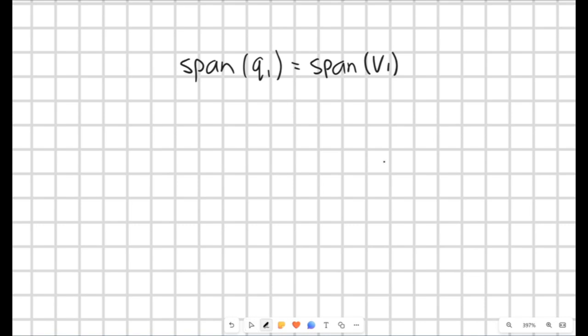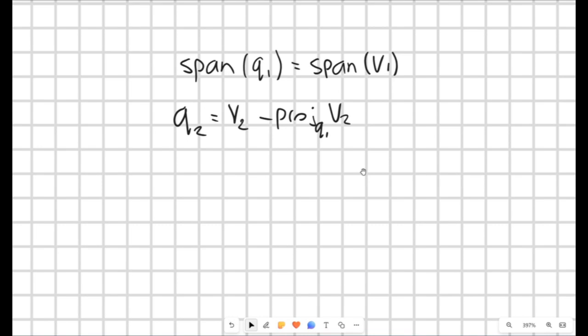And then we remember that Q2 is equal to V2 minus the projection onto Q1 of V2. Okay, well, Q1 is equal to V1. So what we've got is Q2 is made out of V2 and some sort of projection onto V1. So in other words, it's made out of a linear combination of the vectors V1 and V2.